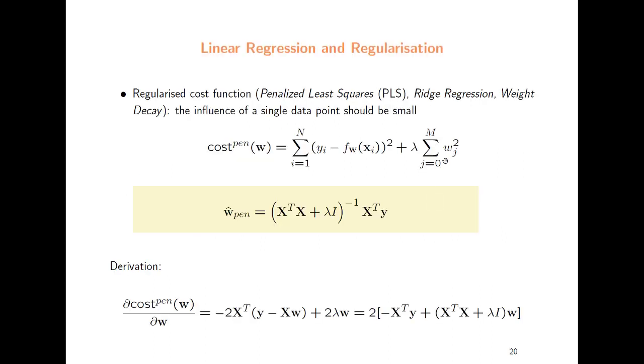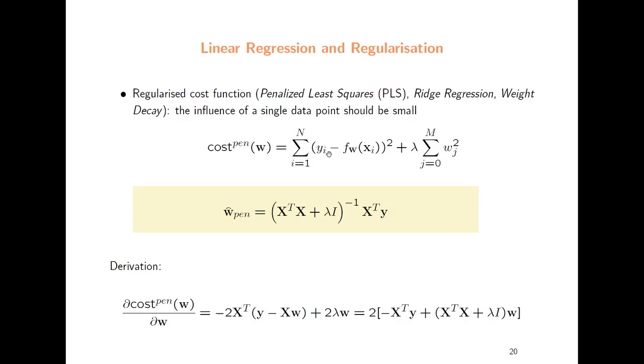So this is the sum over all components of w squared. And we put some parameter in front, lambda, the regularization parameter, which determines, if we have to do a compromise, how much we want to force the vector to have short length, and how much we want a good fit on the data.